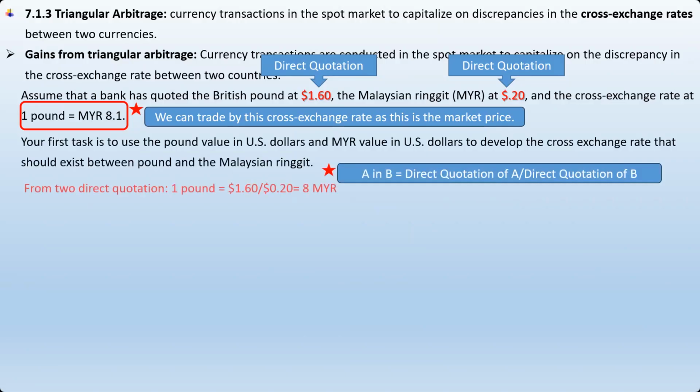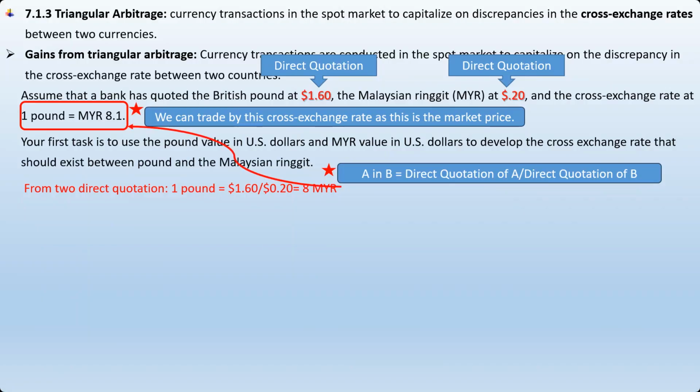From the two direct quotations, we find 1 pound only equals 8 Malaysia ringgit. But according to the bank's quotation, what the bank listed for Malaysia ringgit and pound, we find that 1 pound equals 8.1 Malaysia ringgit.